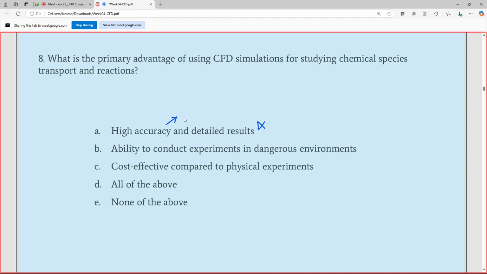We can only expect reasonable accuracy, not high accuracy, from CFD simulations. There will only be reasonable accuracy, and that too depends on the degree of tolerance that we are opting for.